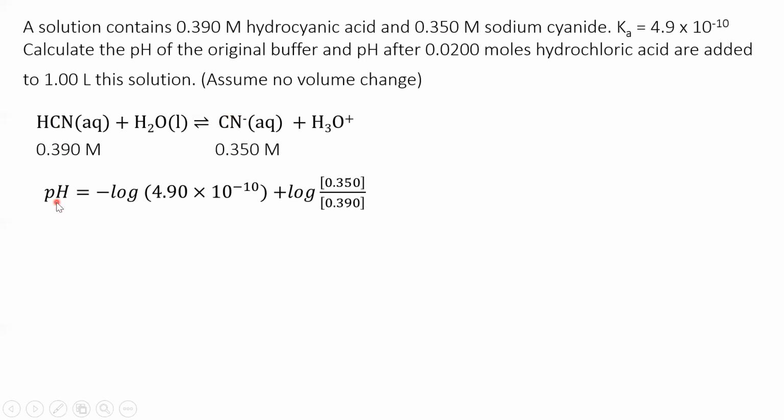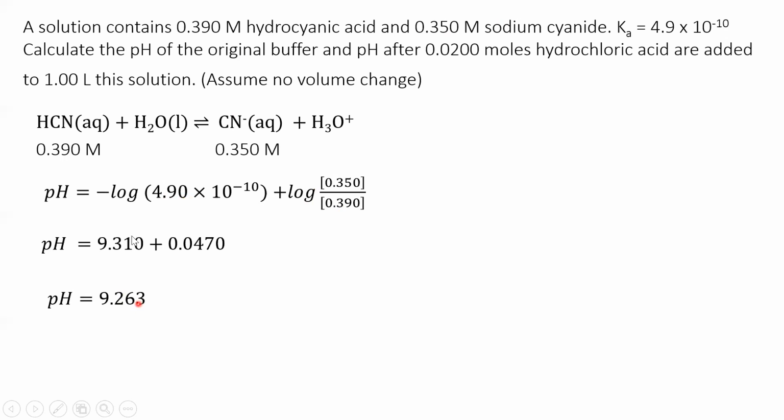So pH equals pKa, which is the negative log of the Ka value, plus the log of the base over the acid. Keep an eye on the significant digits. You have three significant digits here, so three decimals in your answer.